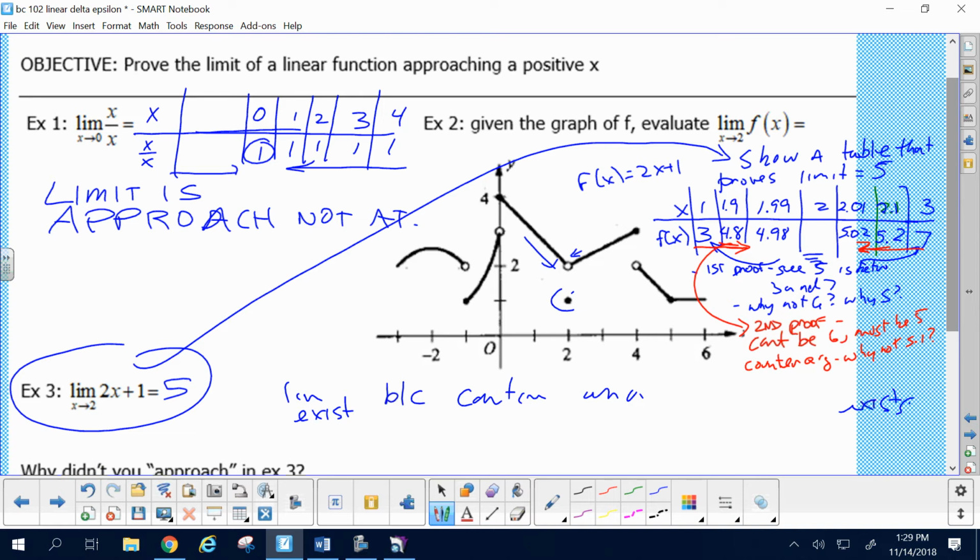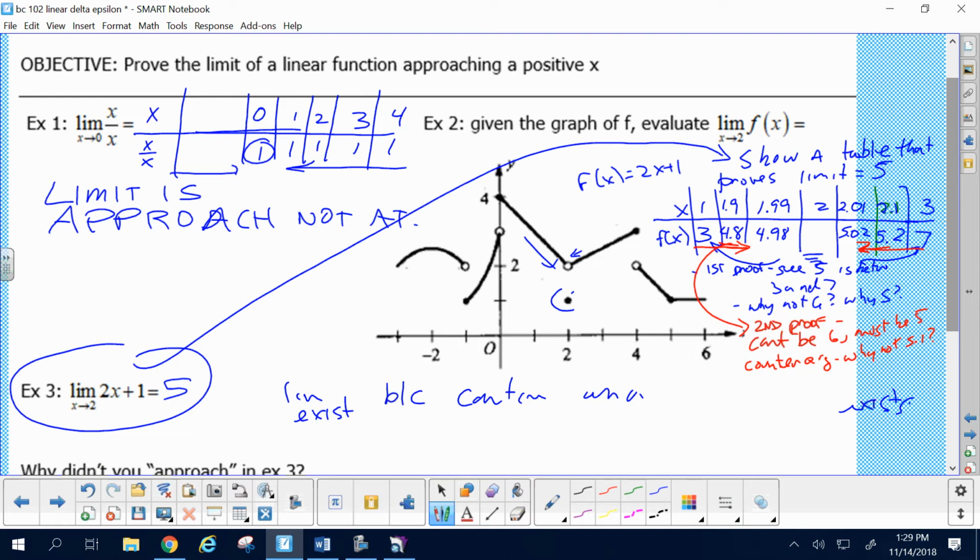Just say, you know what? I'm going to call epsilon however close you want me to get, okay? Would you believe me if I got within a billion of 5? Then would you believe me the limit is 5? Okay? Now that billion, that's just a generic epsilon, all right?